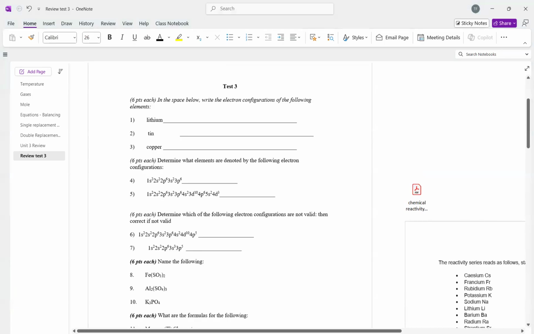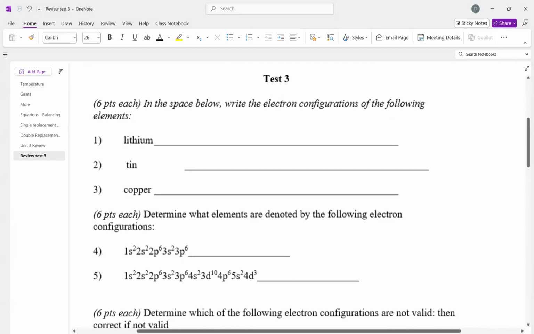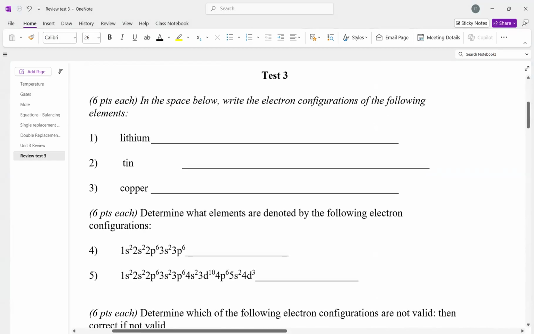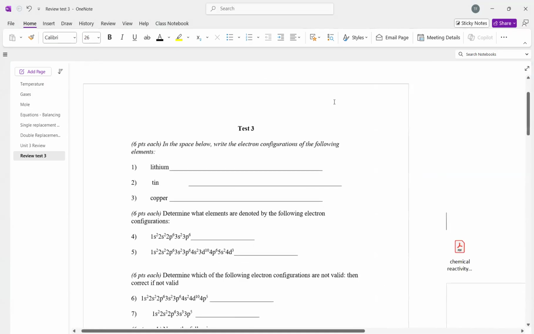Now, your test 3 is going to be very similar to this. Okay, write the electronic configurations of the following. Okay, lithium. In fact, let me pull up a periodic table.